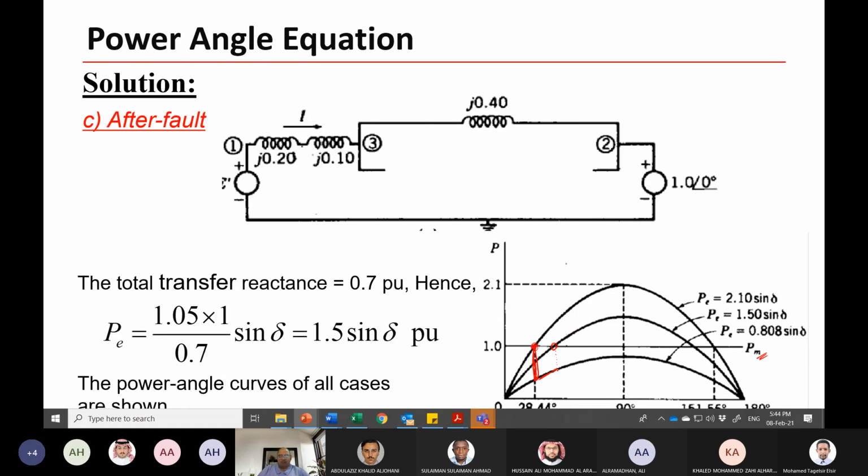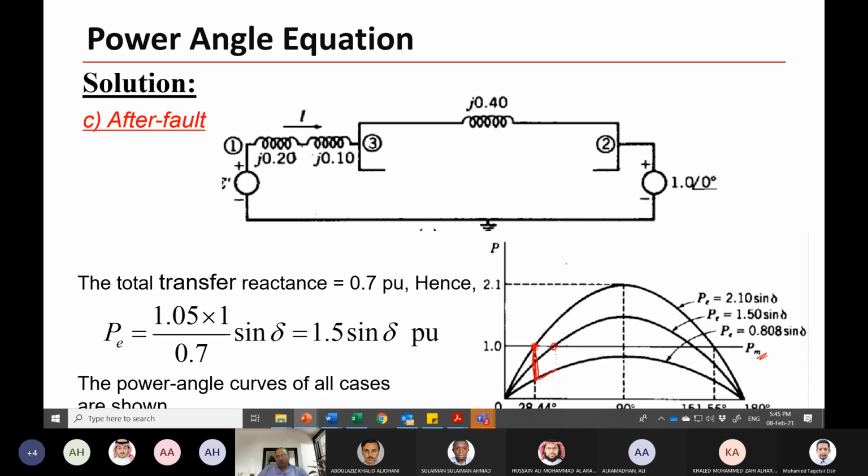The fault could last 6 cycles, or 10 cycles, or 1 second, though of course 1 second is very long. Or 6 cycles, 10 cycles, or 20 cycles. How do you know there is a match here between this point and the fault clearing time?